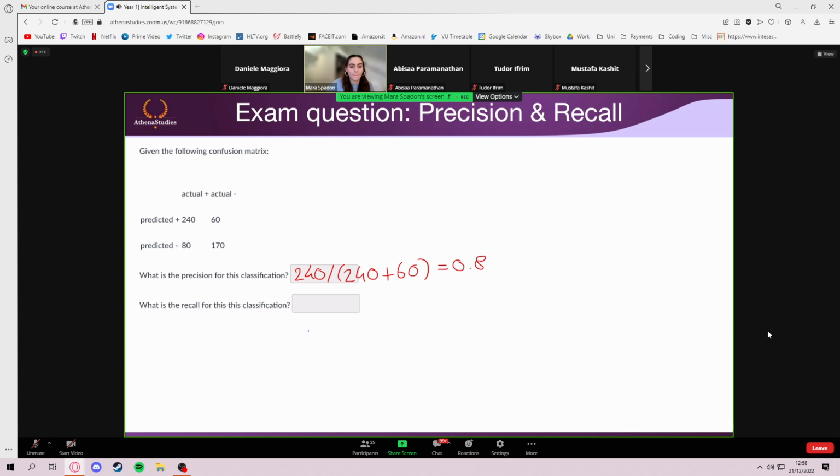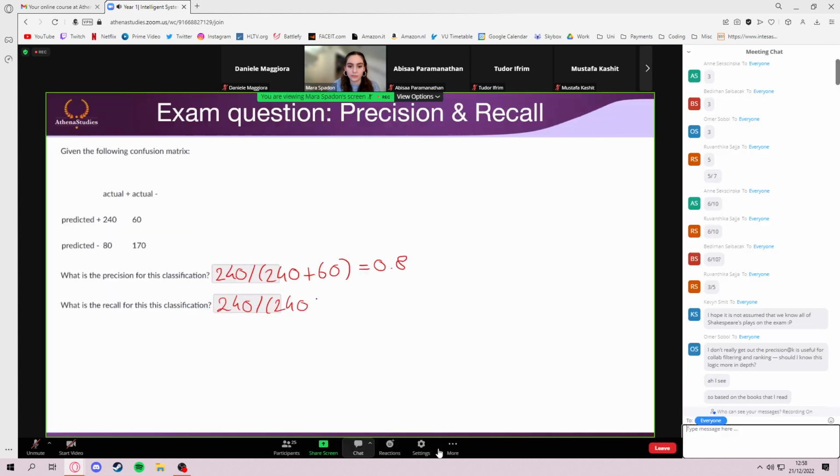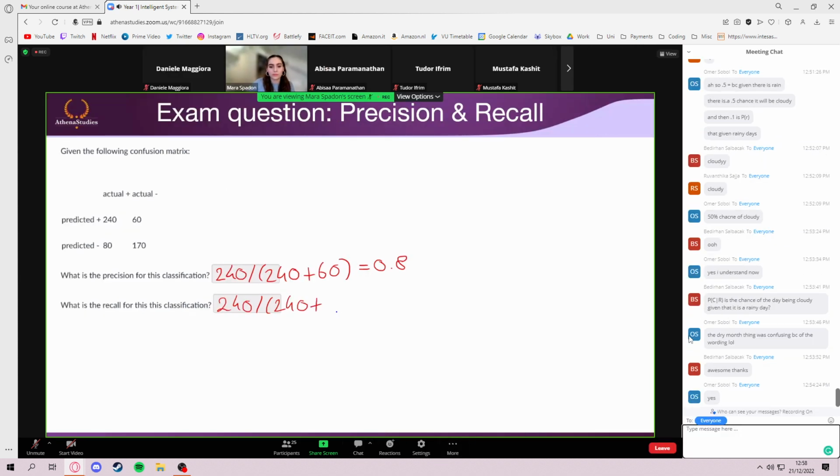And for the recall, it's the same formula, but instead of false positive, you have false negative, which is 80. So you do 240 divided by 240 plus 80, which is 0.75. Yes, perfect. Exactly. So I think most of you got this one correct. Let's check. Yes, so 0.8 and 0.75.